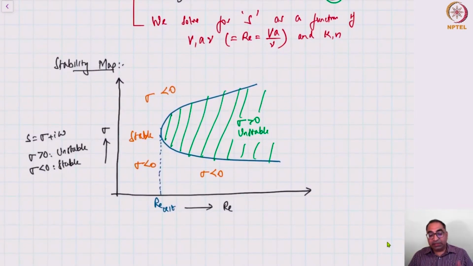If there is a control parameter in your problem, like the Reynolds number, then you can come up with a stability map, which tells you the regions of stability and the regions of instability. So if you want to see a flow in a laboratory setting, you can only see it in a stable configuration.